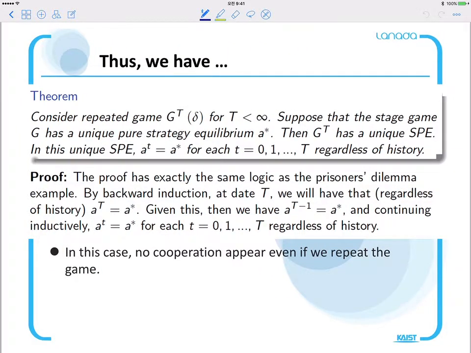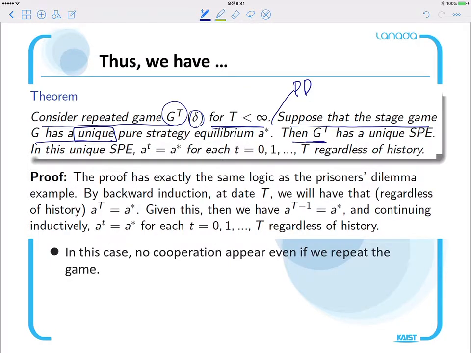So we can have a theorem: consider a repeated game G^T where the discount vector is delta. For any delta, for the finite round, suppose that the stage game G has a unique pure strategy equilibrium a star, like the prisoner's dilemma.